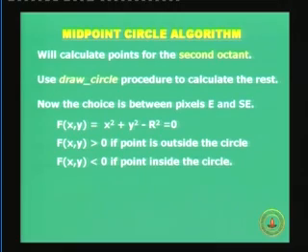Now, if we choose a point inside the circle, within the area enclosed by the circumference, the sum x² + y² will be less than r², and hence the value of the function will be negative.